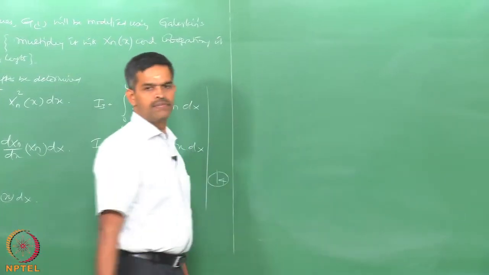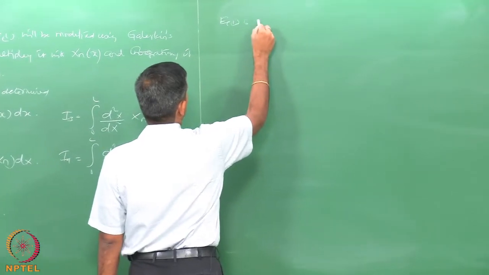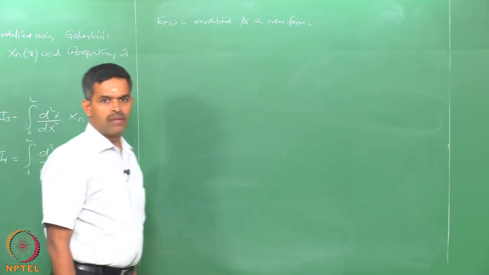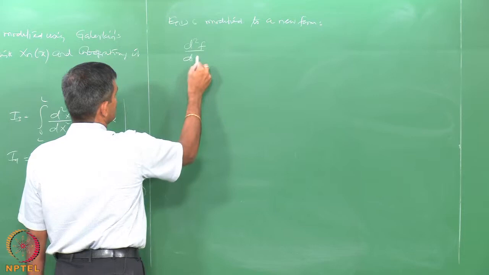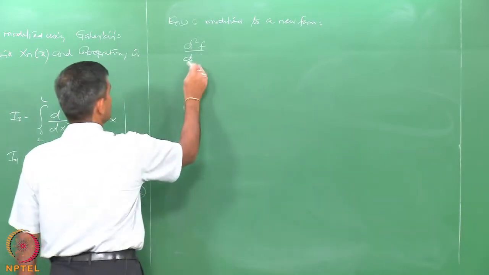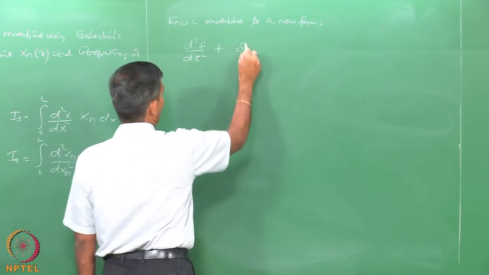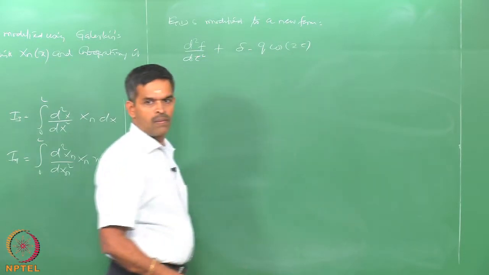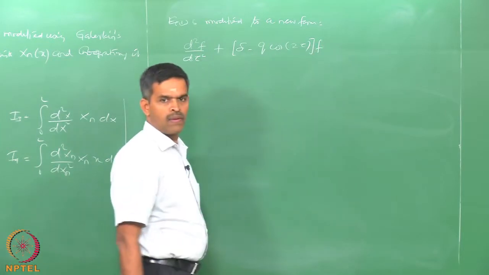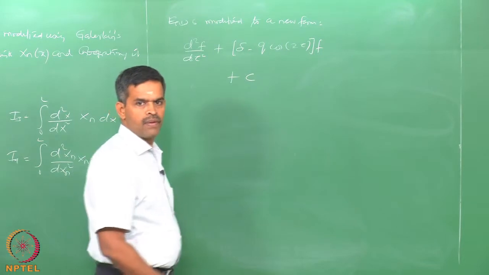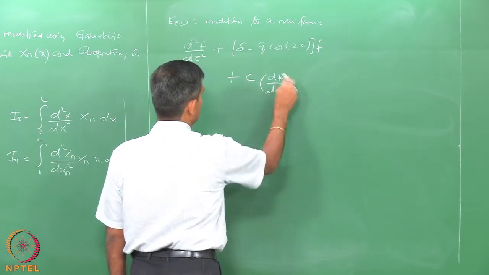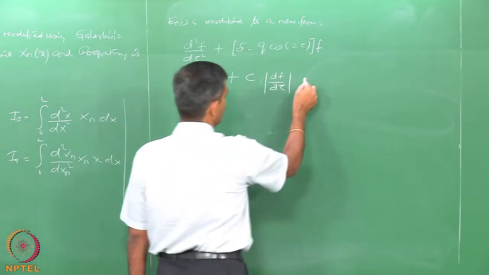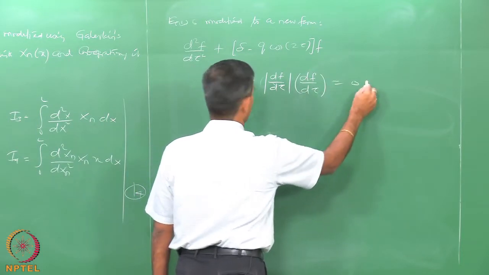Now, with these coefficients in place, equation 1 is modified to a new form, which is ... plus delta minus q cos 2 tau of f plus c df by d tau equals 0.